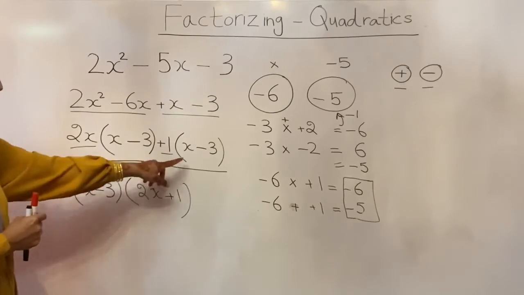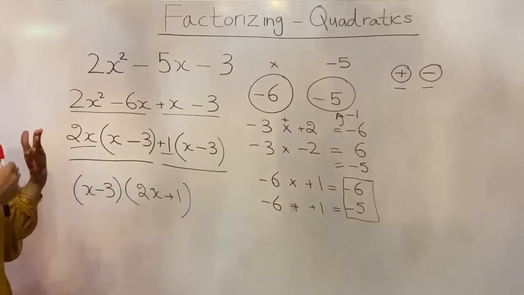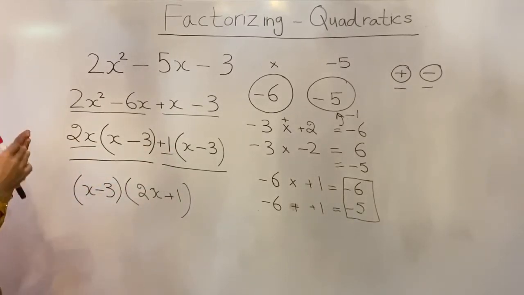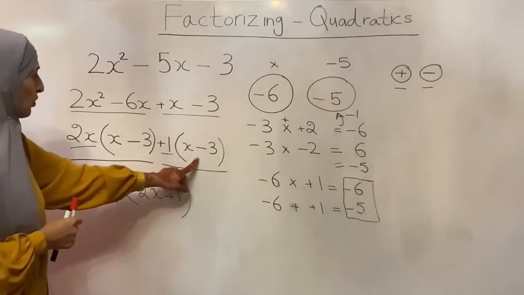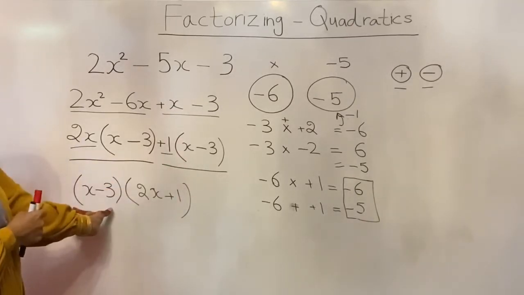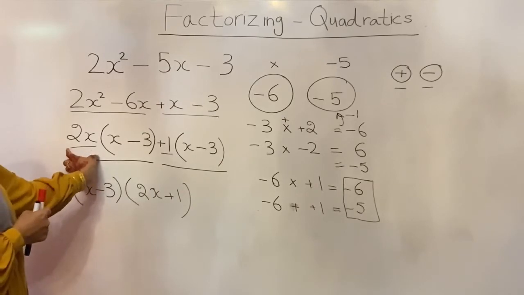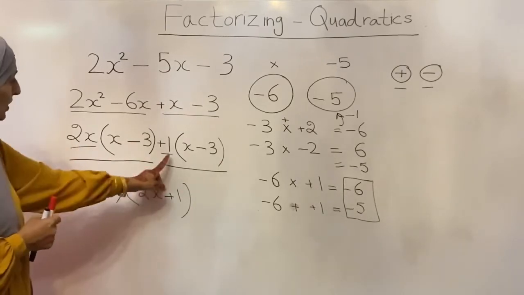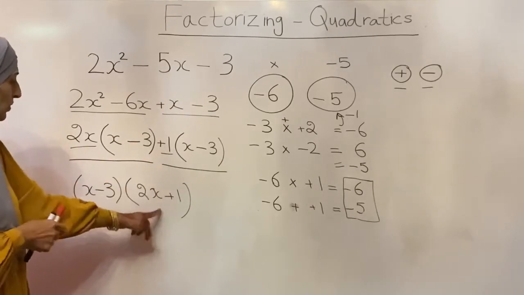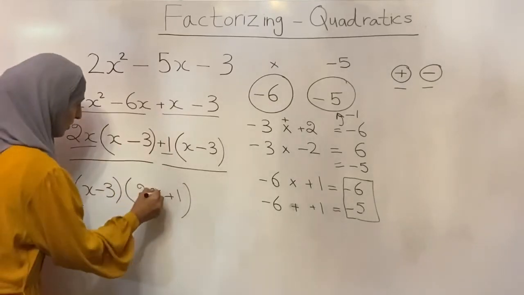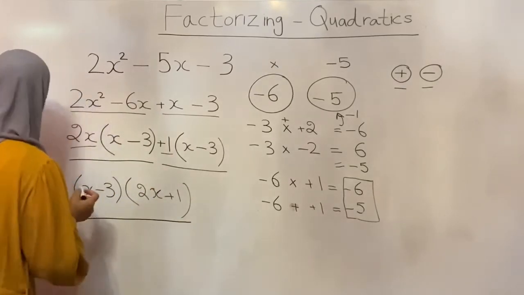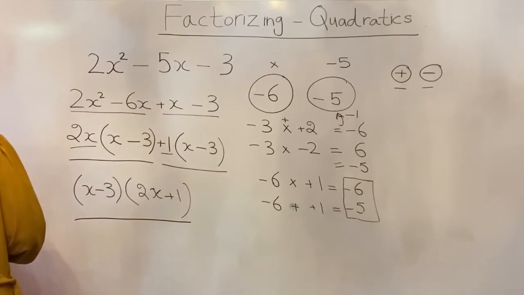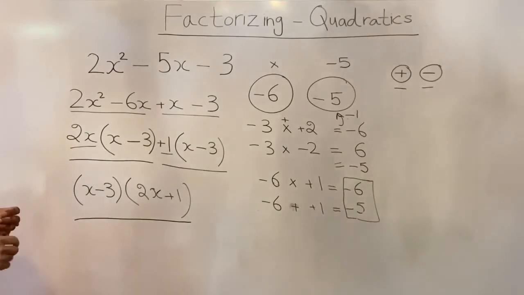Now from these 2 terms, factorizing again until there are no more terms to factorize. So x minus 3 is common in these 2 terms, so we write it 1 time, and the leftover in these 2 terms, 2x here plus 1 here, I've combined them together. So that is our final answer, x minus 3 and 2x plus 1.